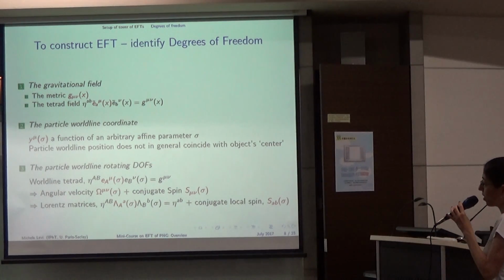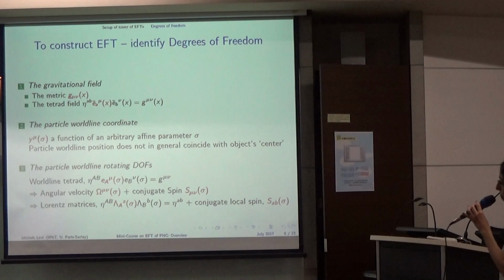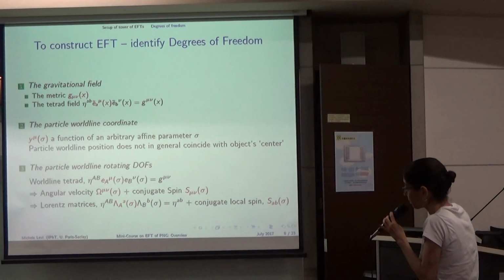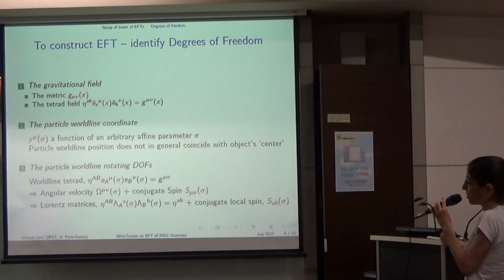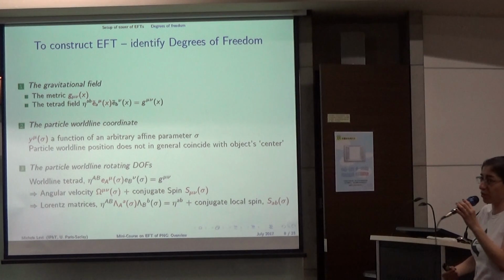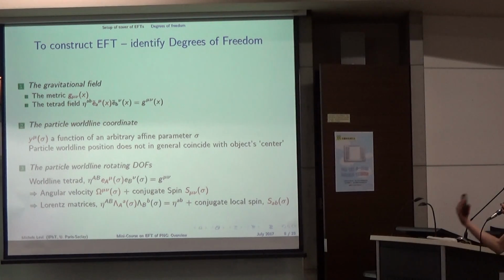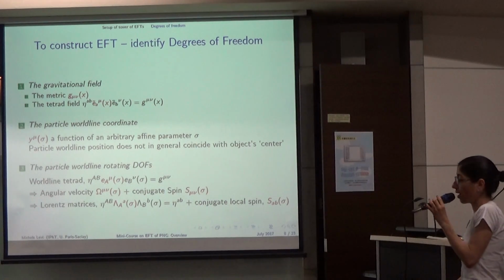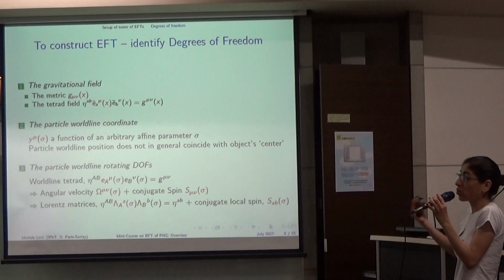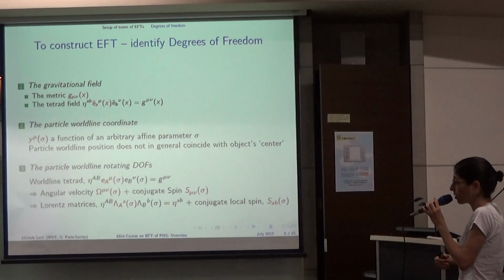Okay, and the last kind of degree of freedom that we should have is the one that represents the rotating degrees of freedom of the particle on the world-line. So we start by considering the world-line tetrad. From this world-line tetrad, we define the angular velocity, and we find it inevitable to define its conjugate quantity, which is the spin, that we use as a classical source on the world-line.